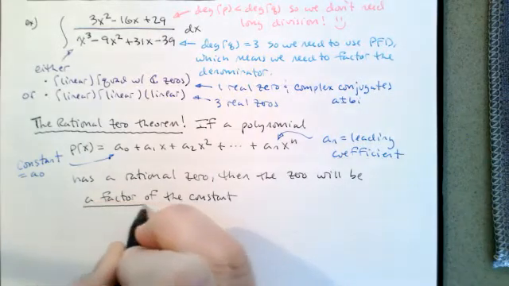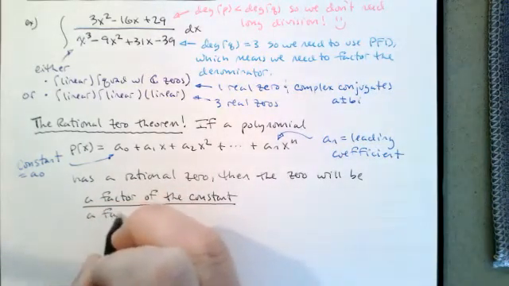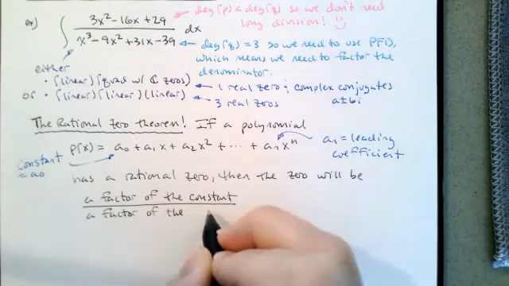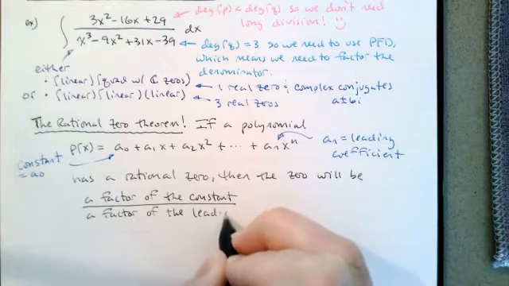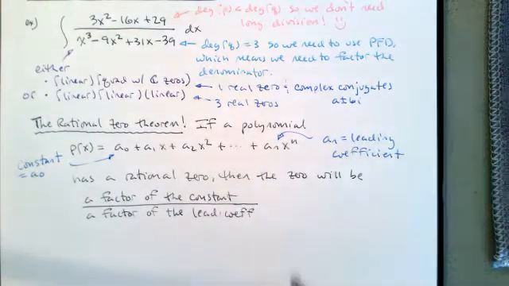So the numerator will be a factor of the constant, and the denominator will be a factor of the leading coefficient. That will be the form of the rational zero.